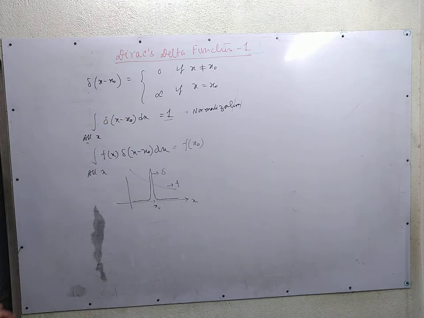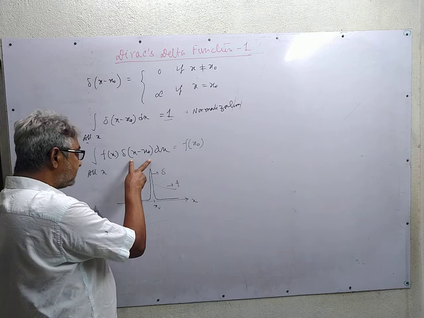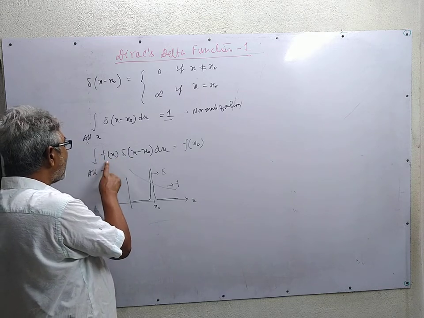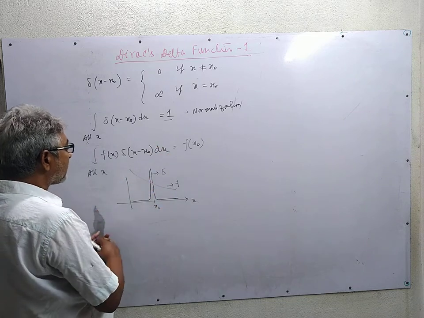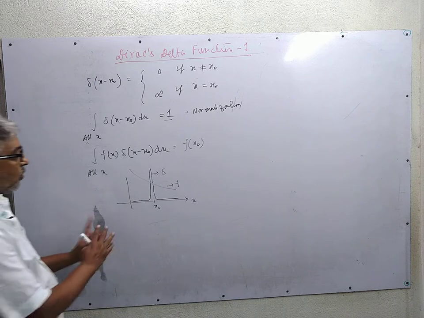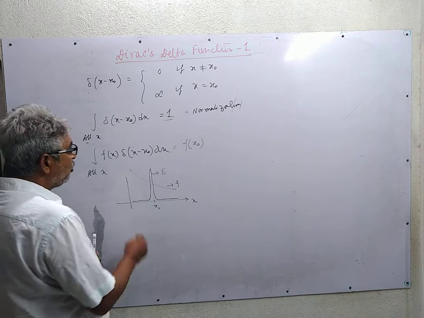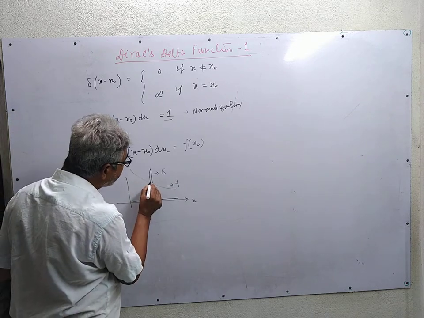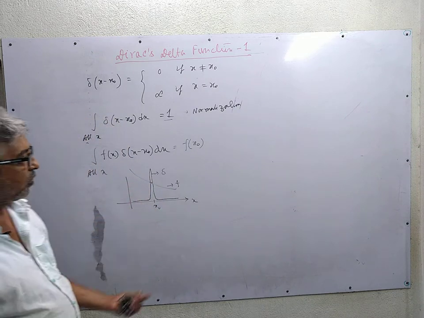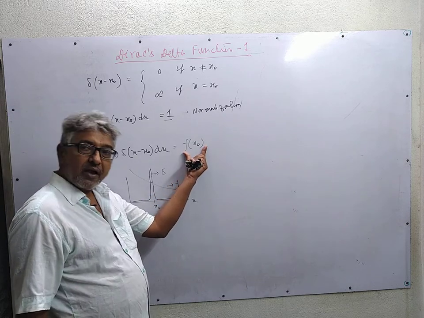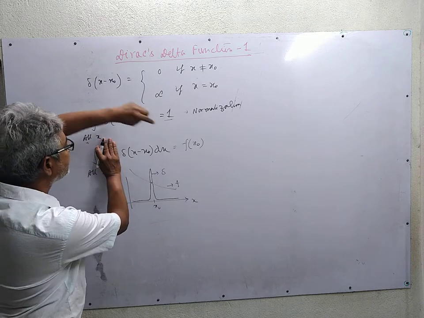For all values of x not equal to x0, the delta function is 0, and since f(x) is finite, a finite quantity multiplied by 0 is 0. So the product of f with delta is 0 everywhere except near x equal to x0, where the function f can be represented by its average value over this vanishingly small width, which is f(x0), and the remaining quantity is the integral of δ(x − x0) dx, which is 1.